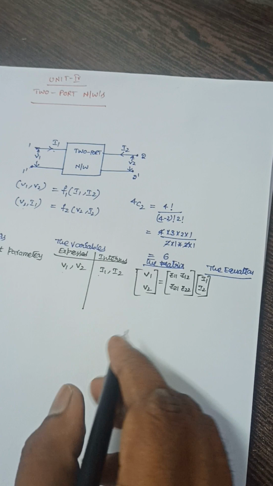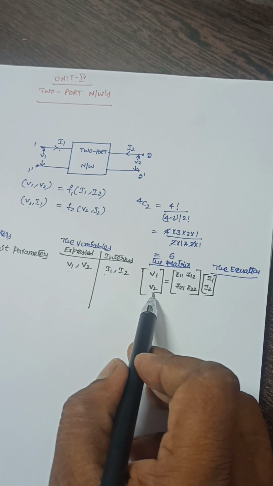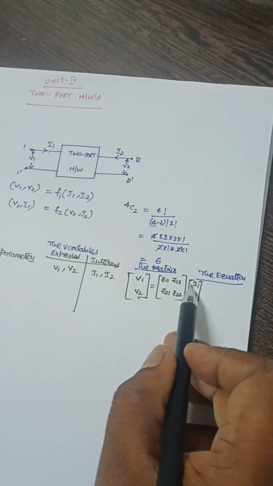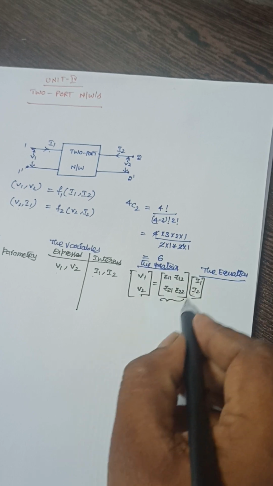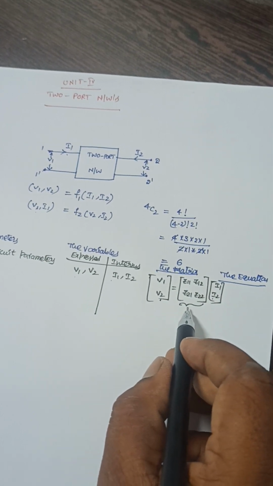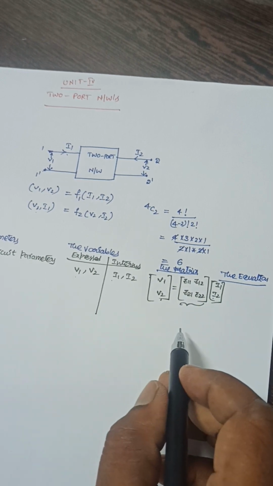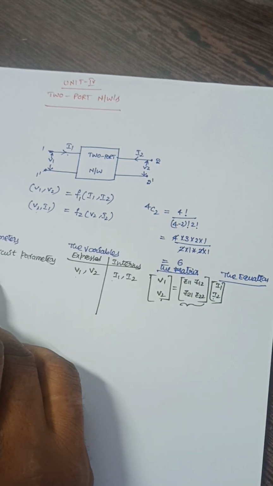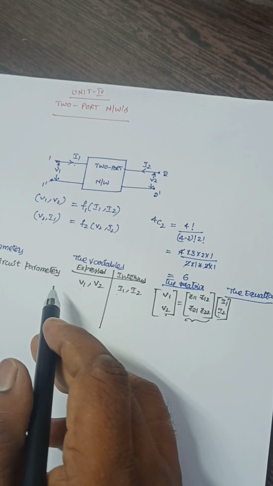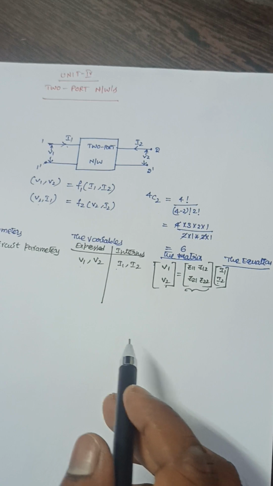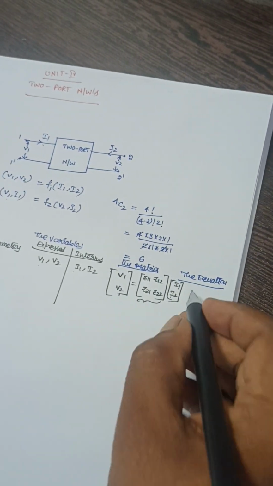That means these variables V1 and V2 can be expressed in terms of I1 and I2 with the help of these parameters. These parameters are said to be open circuit parameters, or Z parameters, or impedance parameters. And in equation representation, these can be represented like this.